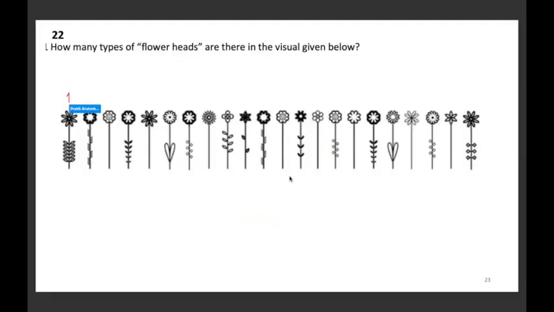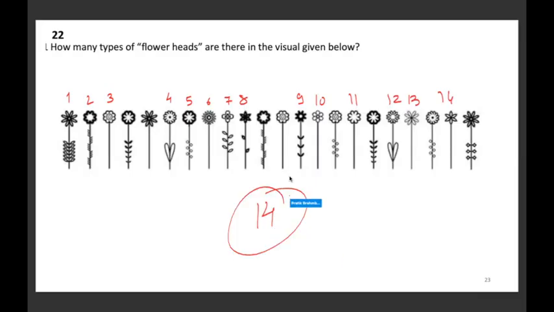So 1, 2, 3, 4, 5, 6, 7, 8, 9, 10, 11, 12, 13, and then 14. So correct answer is 14 flower heads.